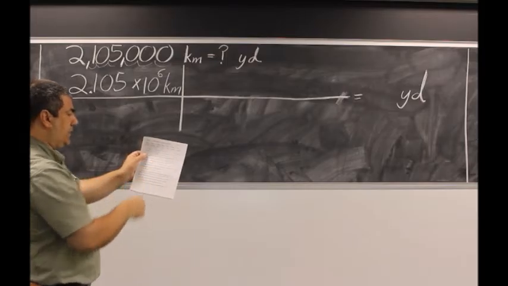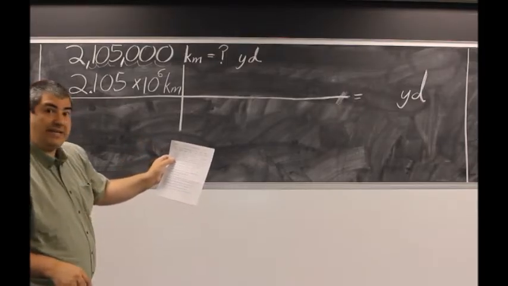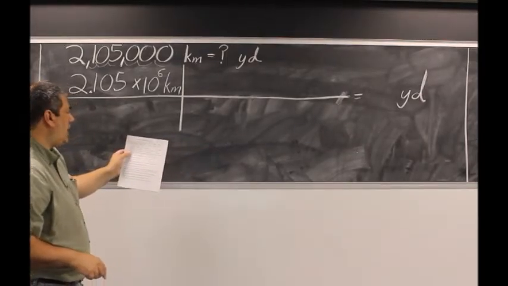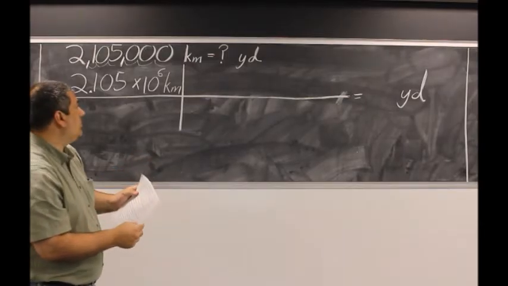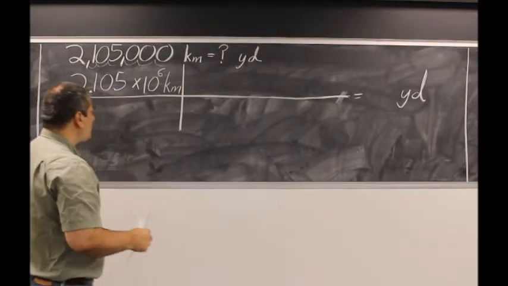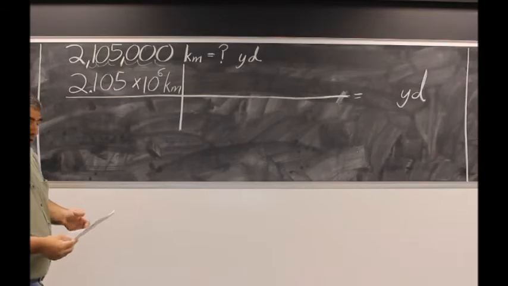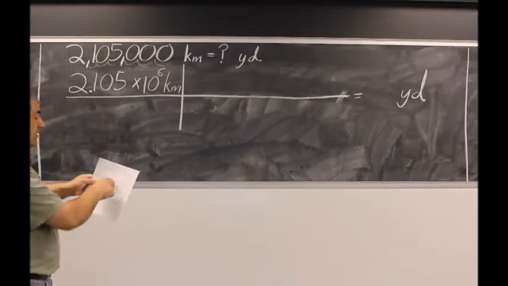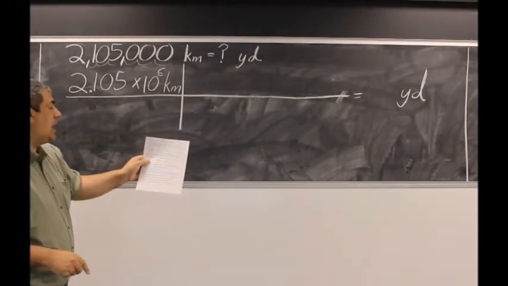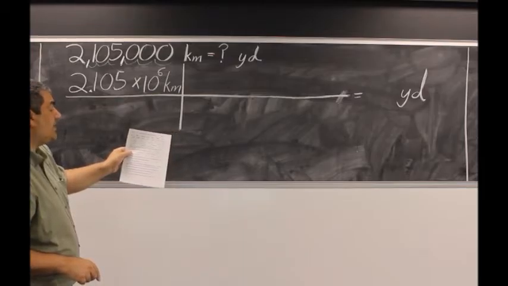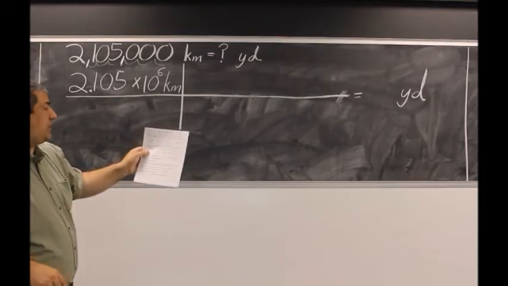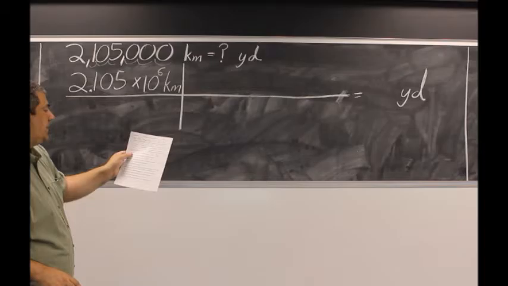I also give you feet to inches and inches to centimeters, so that should help. Centimeters is a metric unit, so is kilometer. So let's work our way towards centimeter, since there is a way to get from the English unit to the metric unit using centimeters to inches, which again is given exactly.